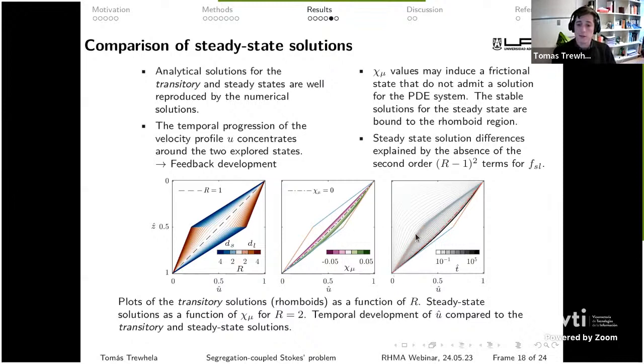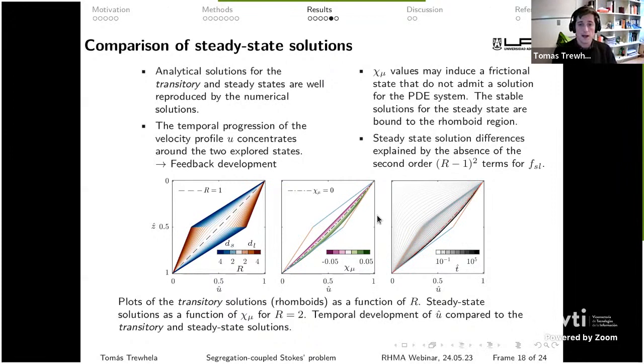And at the same time, I plot the transitory analytical solution, which are these mildly red and mildly blue lines, which also concentrate a lot of the profiles that correspond to the transitory states.